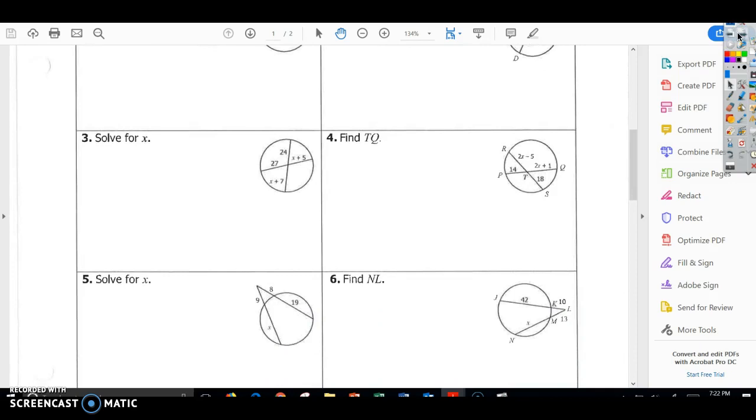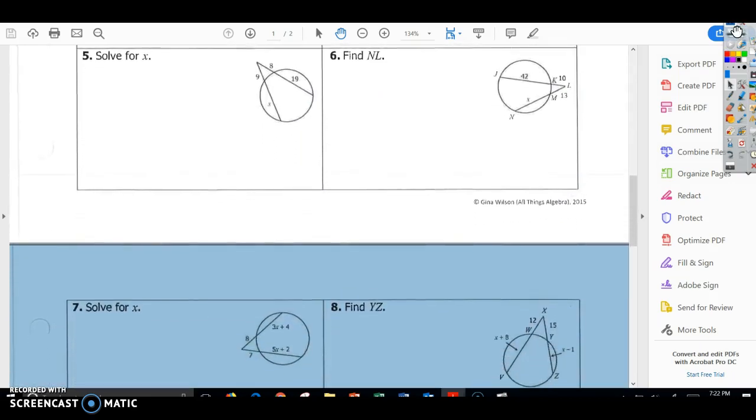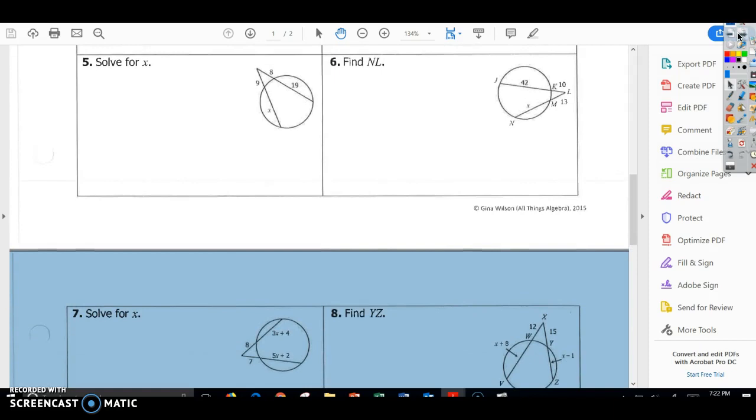3 and 4 are similar, so we're going to skip down here to number 5. And we're going to look at a different formula here. If you look at number 5, it is type 2 because it has numbers both on the inside and outside of the circle.